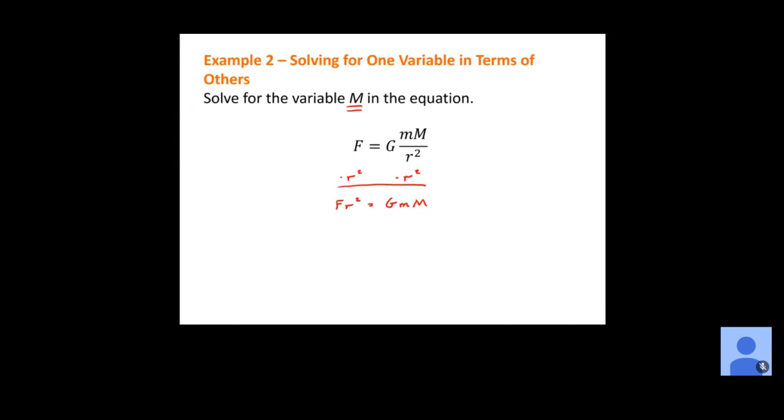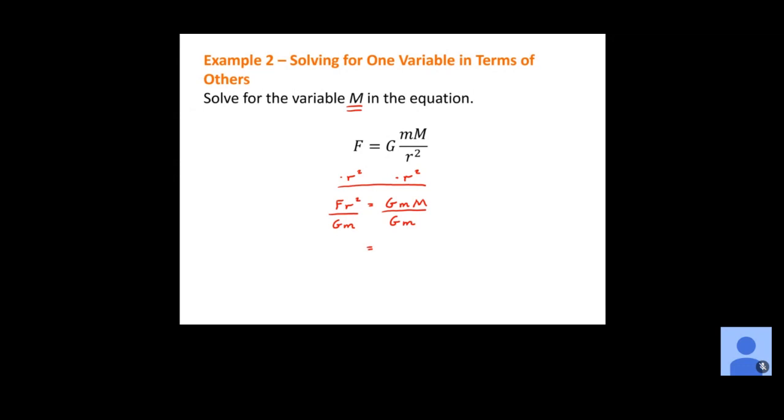Okay. Again, keep in mind we're trying to get big M by itself. What can we do next? Good. We can divide both sides here, and we can actually divide by the g and the lowercase m at the same time, because they're both being multiplied. We're trying to get rid of both of them. We're going to divide by g m on both sides.